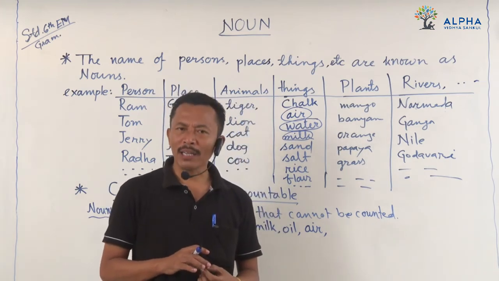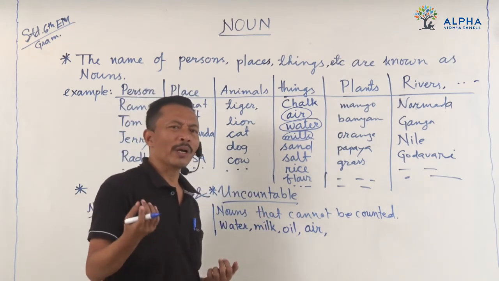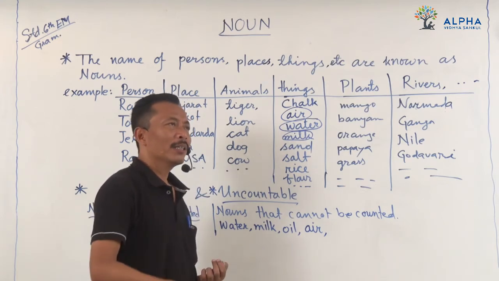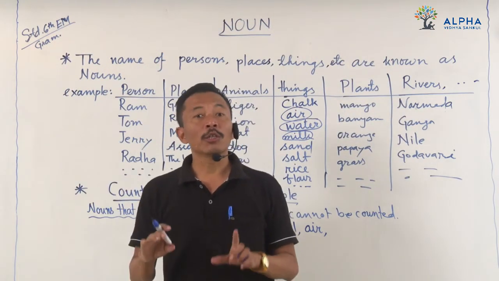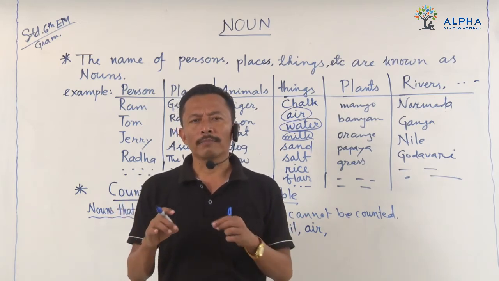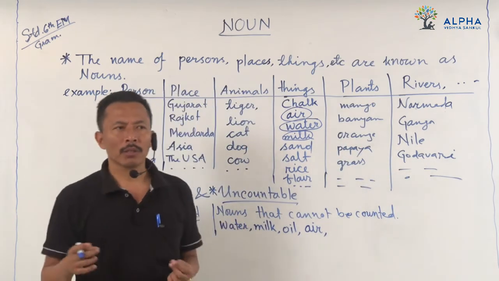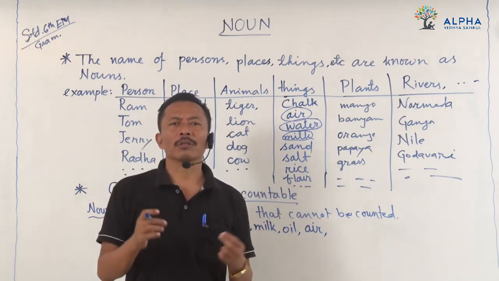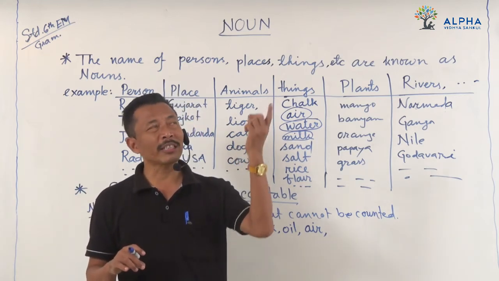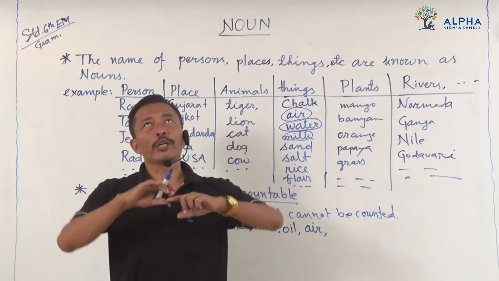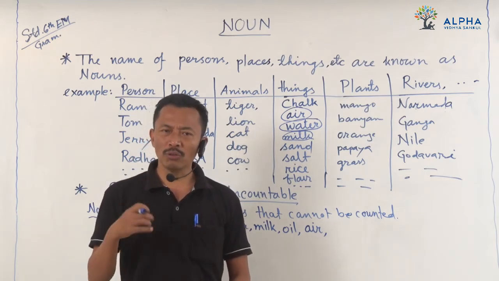No one can count, and it is not required to count either. Is it necessary to count, suppose, for the construction of this building, how much sand? We can say by measuring in bags, 100 bags or 10 trucks, 5 trucks, and in different ways we can say like that. But we cannot say there are 1 lakh sand required for the construction of this building. No. So it cannot be counted, and it is not used to count either.